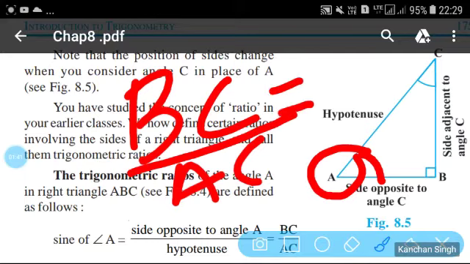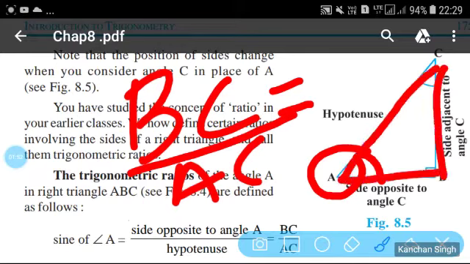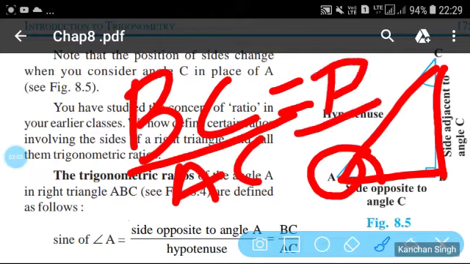If you consider this a right angle triangle, then BC is the perpendicular, AC is the hypotenuse, and AB is the base. So we can write sine A as BC by AC, perpendicular by hypotenuse.